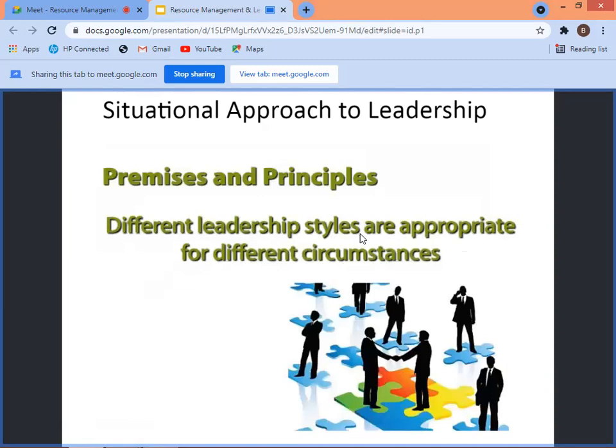Different leadership styles are appropriate for different circumstances. That's why we call this the situational approach to leadership. One circumstance needs this kind of leadership. Another circumstance needs another kind of leadership. So with different circumstances, you need to be an empathic leader. You listen.